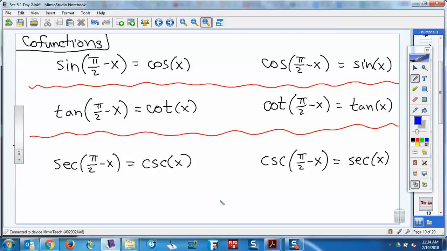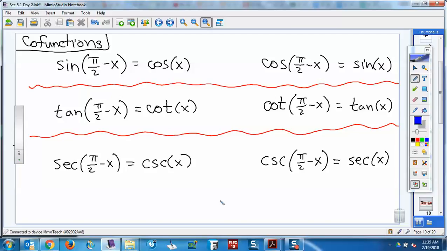So if you have an angle x, its complement is 90 minus x. And so that's why the pi halves is first. It's 90 minus x. That's its complement. Sine goes with cosine. Tangent goes with cotangent. Secant goes with cosecant. Co-functions. They're partnered differently here than they are with the reciprocal ones. So that's important to understand.